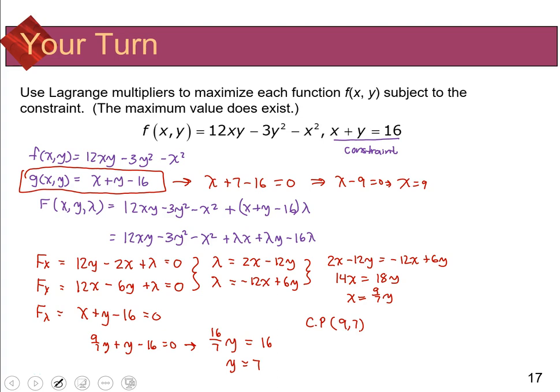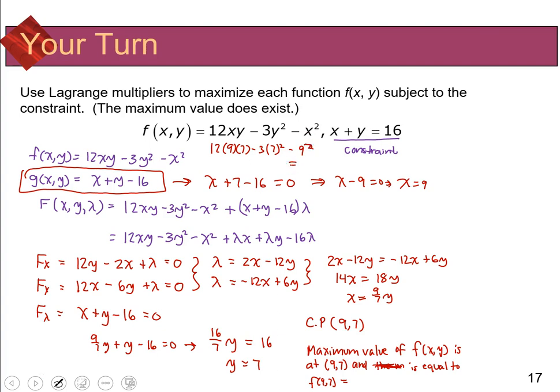So the maximum value of f of x, y is at (9, 7), and the maximum is equal to f of (9, 7), which means I'm just going to come back up here and say, well, 12 times 9 times 7 minus 3 times 7 squared minus 9 squared.